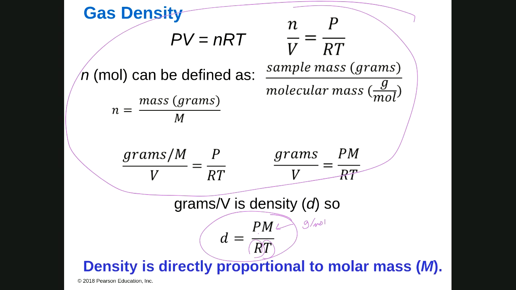So this is your density formula. So if I ask you what the density of a gas is and I give you some stuff, you can figure that out. Also, if I tell you what the density is and I tell you the pressure and the temperature, you can figure out what the molar mass is.